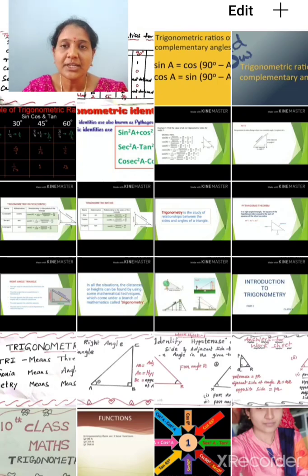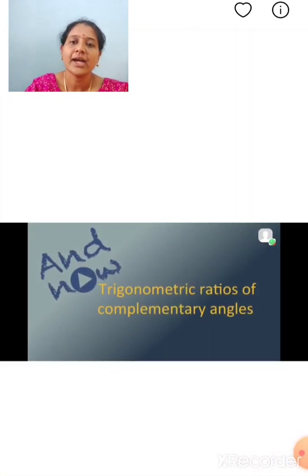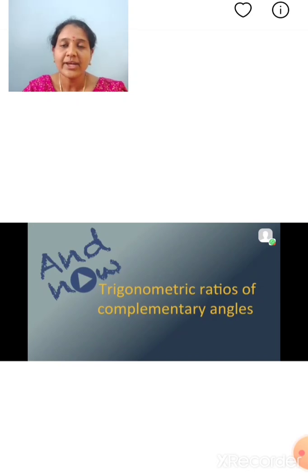Next, coming to the next concept of our introduction to trigonometry: trigonometric ratios of complementary angles. You already know complementary angles are two angles whose sum is 90 degrees. If you take two angles, one angle is 50 degrees and the other angle is 40 degrees, children, the sum of 50 plus 40 is 90.